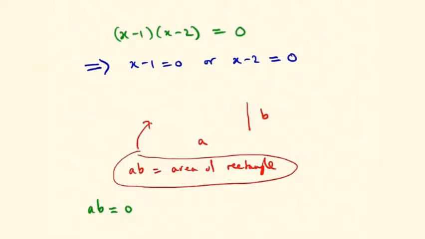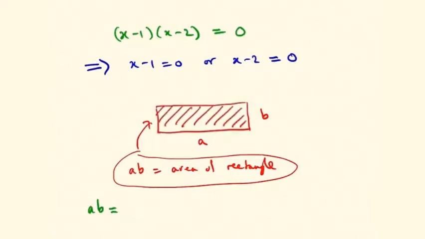There's at least two possible ways. The rectangle could become infinitely thin of length b, so a turns out to be 0. Another possibility is that the area could become 0 by becoming an infinitely thin line of length a, and now b has become equal to 0.